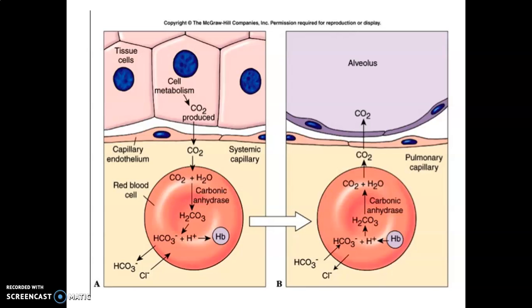Binding of oxygen with hemoglobin is primarily related to the partial pressure of oxygen. The partial pressure of carbon dioxide, hydrogen ion concentration, and temperature are the other factors which can interfere with this binding. In our textbook, a graph is given, the oxygen dissociation curve. It's a sigmoid curve.